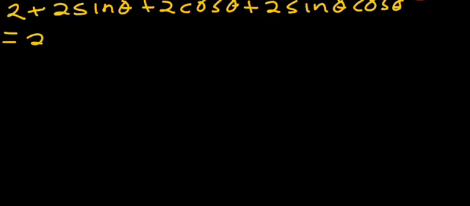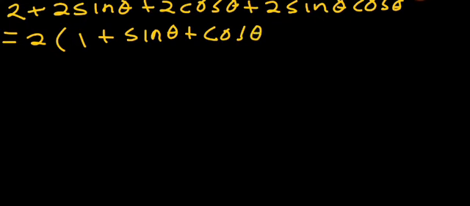When we factorize it, we take 2 outside, and we remain with 1 plus sine theta plus cos theta, and then plus sine theta cos theta. So what we've just done is that we've taken 2 outside.